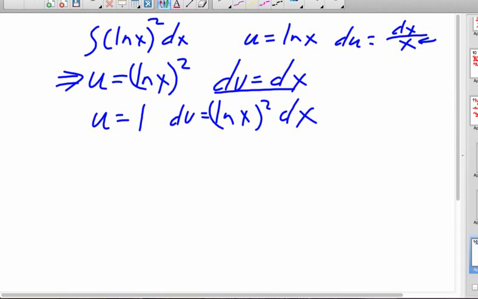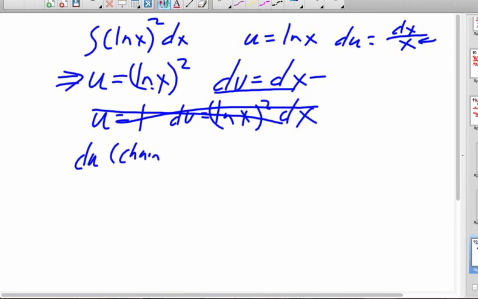Now, while we can integrate dv, it's going to be nasty handling this guy. Also, it's not really going to give me my u sub. So what I need to do then, this one's out. I need to find du, and this is chain rule.